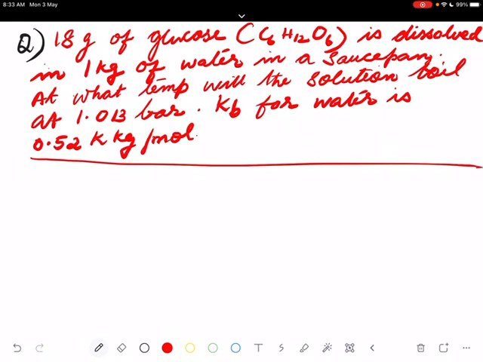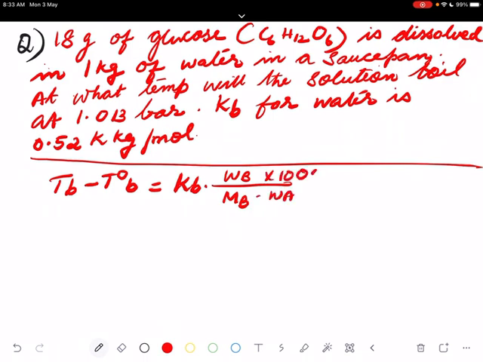That is TB, TB you have to find out. TB is higher, T naught B is lower. But in the case of freezing point, it is the opposite way: T naught F minus TF. Here TB is higher, T naught B is lower. TB minus T naught B is equal to KB into WB upon MB divided by WA upon 1000.